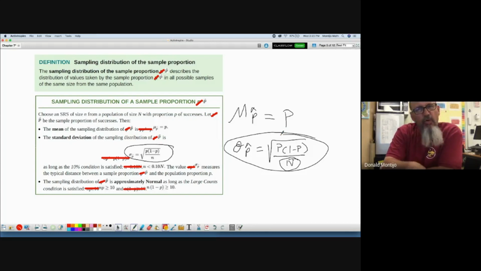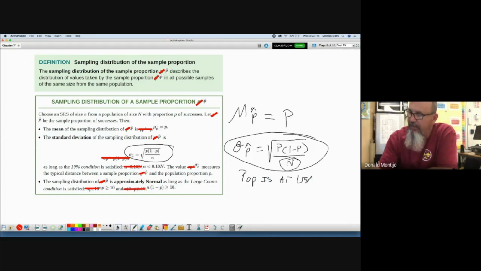We saw this rule in the previous chapter 6, when we were looking at binomial distributions. This formula for the standard deviation of p hat only works if the population is at least 10 times the size of the sample.